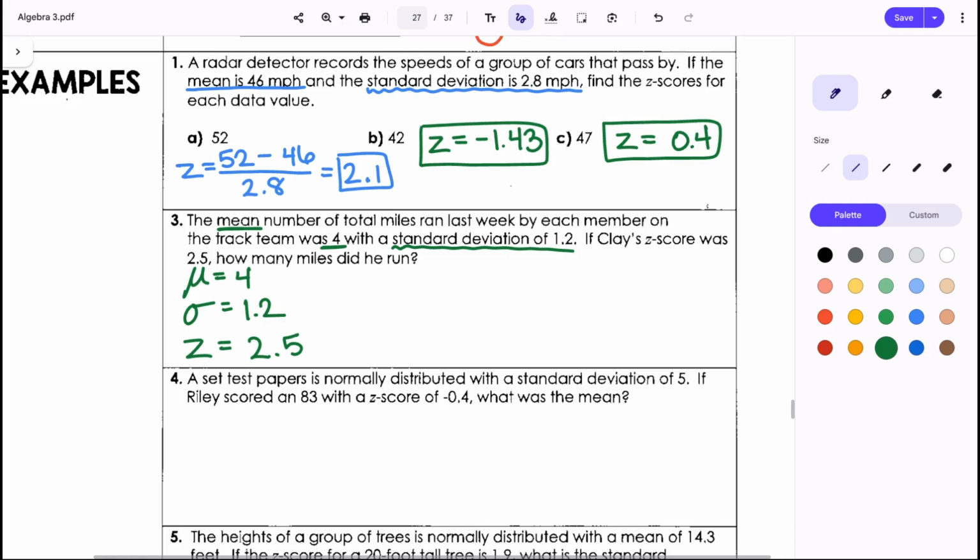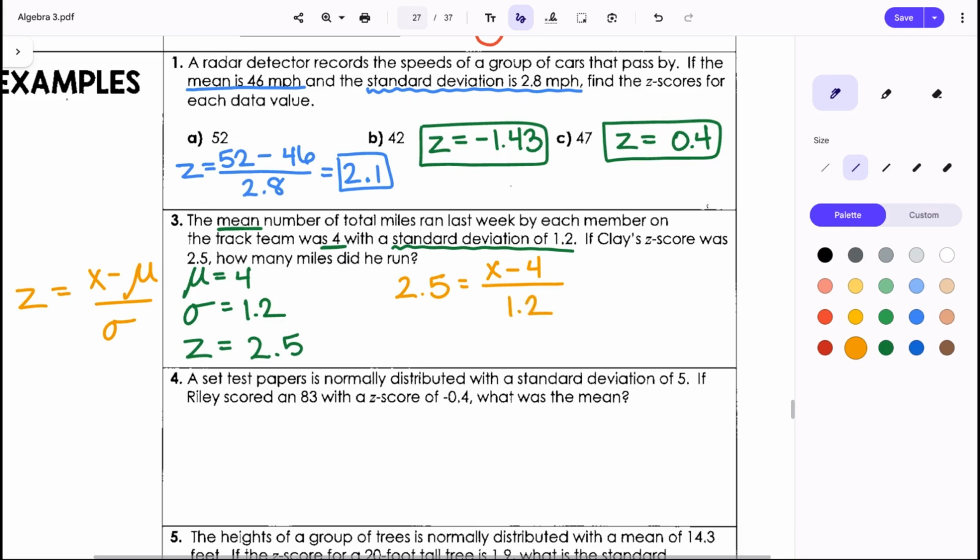So if I think about how I would set that up in my formula, I know my z-score is 2.5, because remember, we're still using this formula here. I'll just write it off to the side. We're going to put 2.5 in for z. And then in for our data value is what we don't know, so x is going to stay x right now. And then our mean we said was 4, so on the top it says x minus 4. And our standard deviation was 1.2.